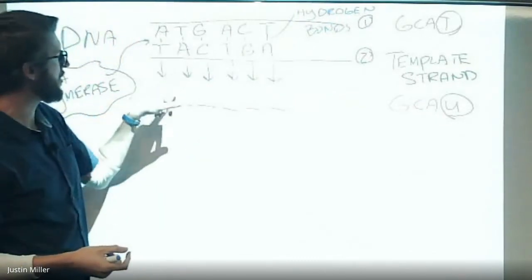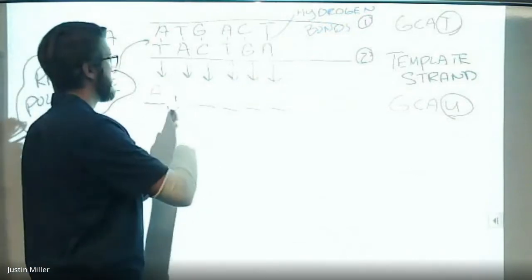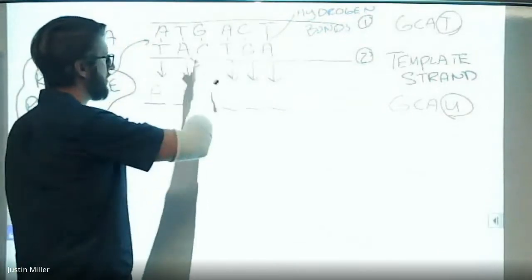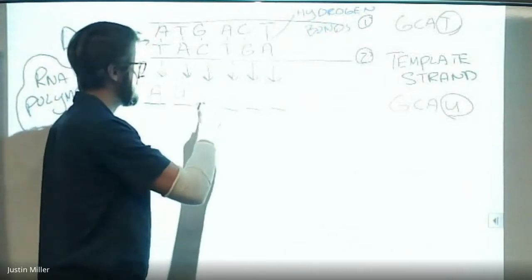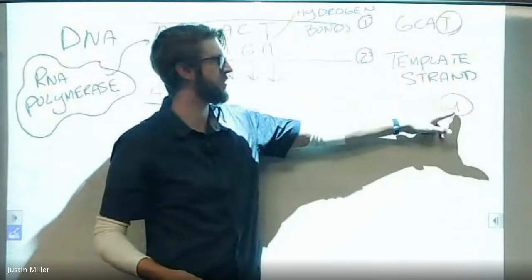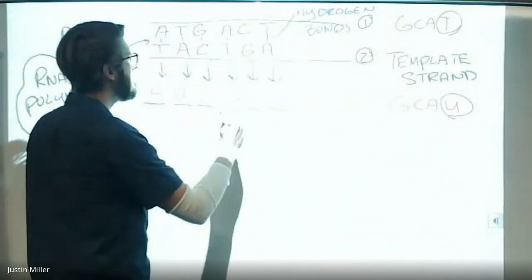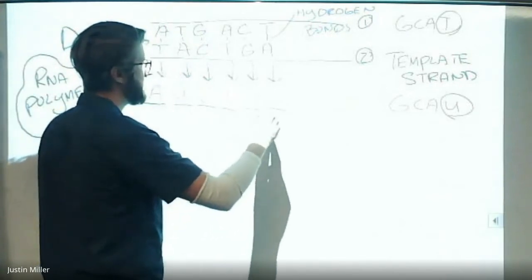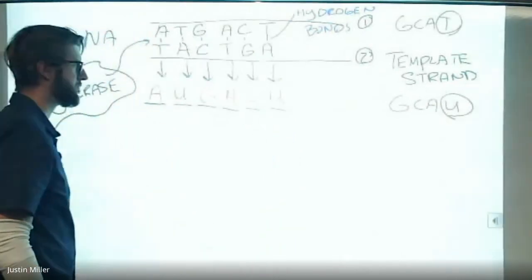C, we're going to read the C, and print out the complement to the C, which is G. Remember, RNA still has a G. The only letter you change is T into U. Everything else is still the same. T gets rewritten as an A, G gets rewritten as a C, and A gets rewritten as a U.